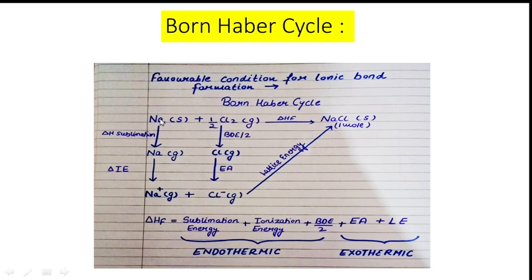When sodium reacts with half mole of chlorine, it forms solid NaCl. But this step does not take place directly. For the formation of 1 mole of NaCl, you require some intermediate steps. Let's see the intermediate steps.